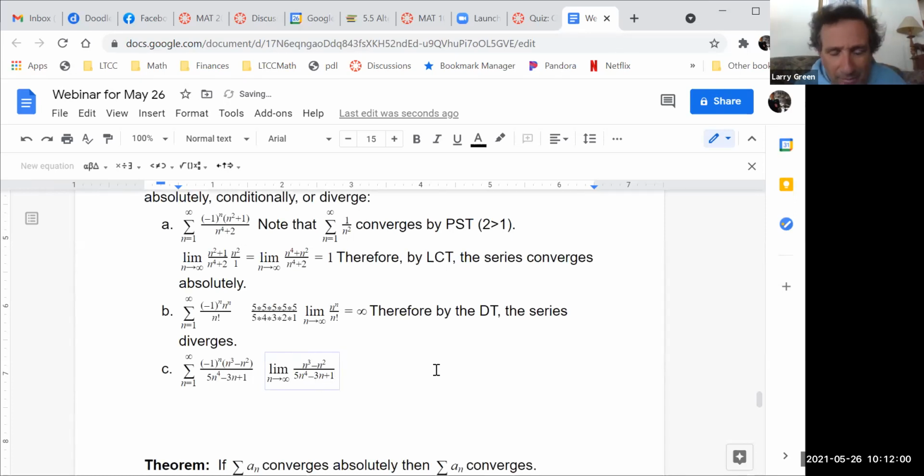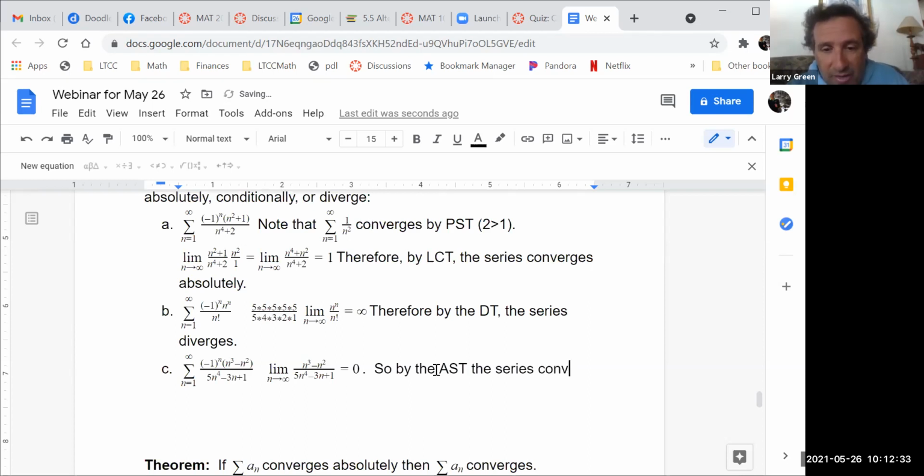What is that limit? Hint, do L'Hopital's rule 3 times or divide by n cubed, whatever you feel like. Yeah, it's equal to 0. So by the alternating series test, the series converges.